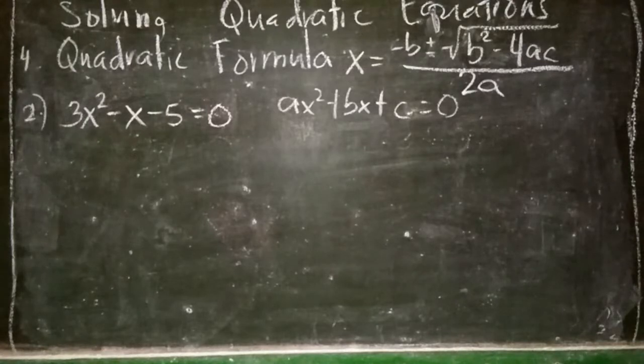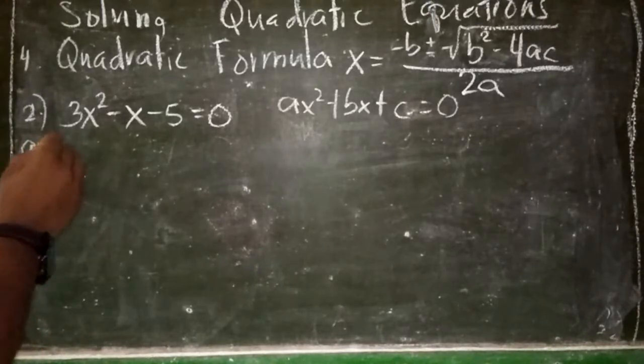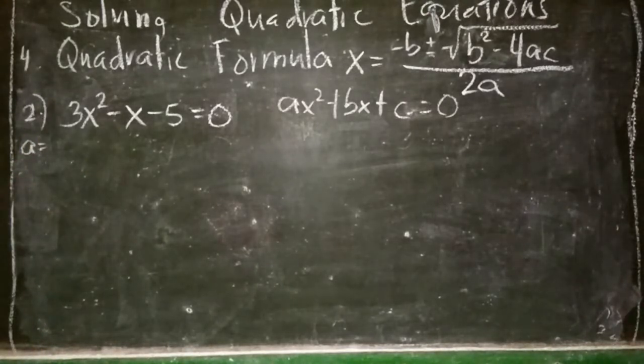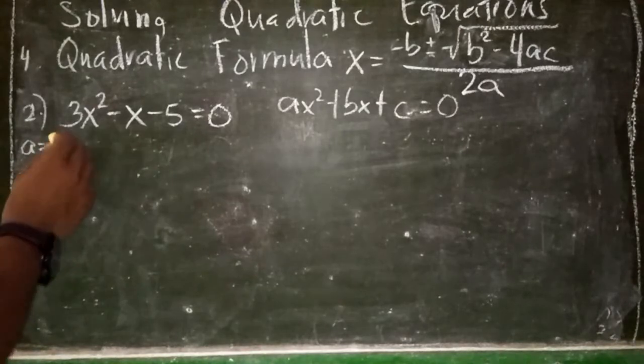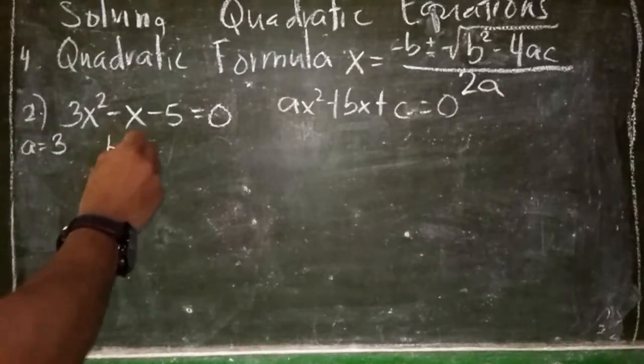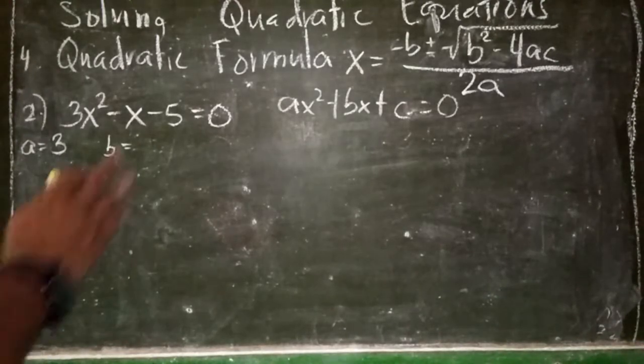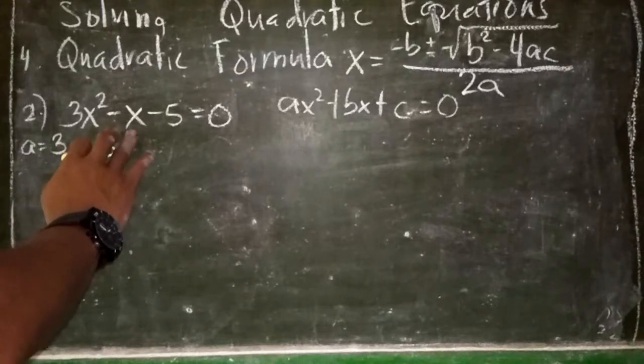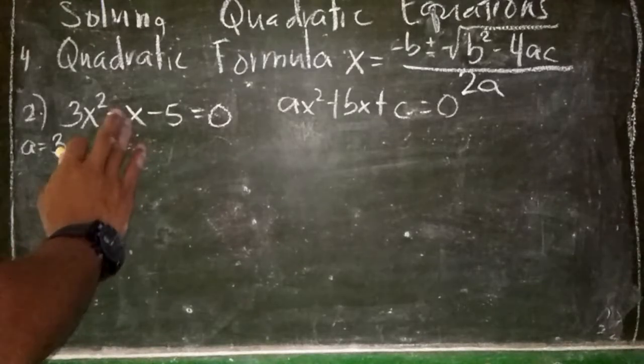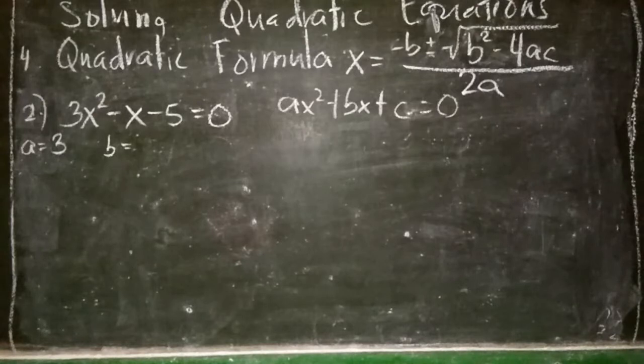Let's now determine yung mga kailangan dun sa ating formula, yung values ng A, B, and C. So, yung value ng A natin ay, ano yung value ng A? Okay, tama. 3. Okay, value ng B. Okay, the value of B is the numerical coefficient of the linear term. So, what is the linear term here? So, negative x. So, yung numerical coefficient niya, wala kang nakikita but it's understood na 1.